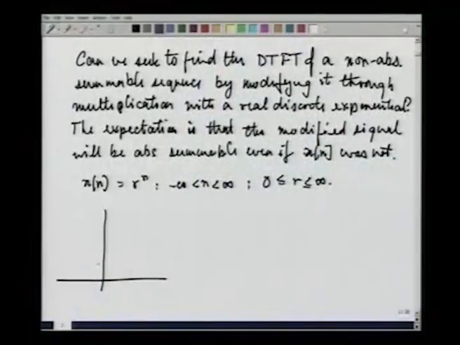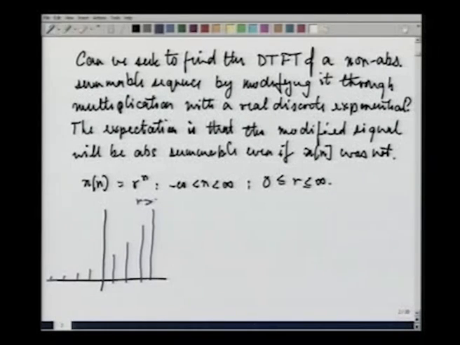So, you have this, and so on, and on this side you have this. This is r greater than 1.